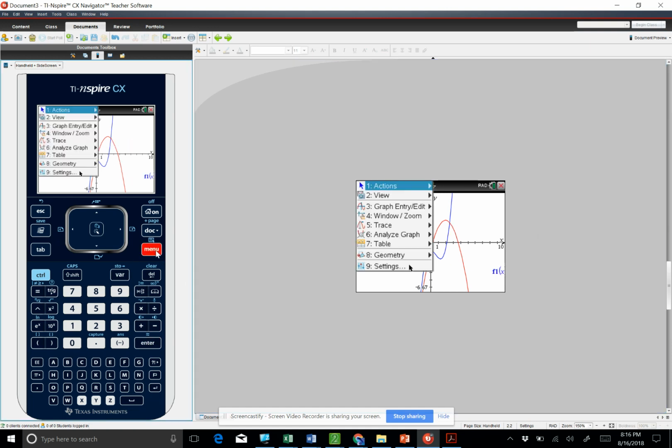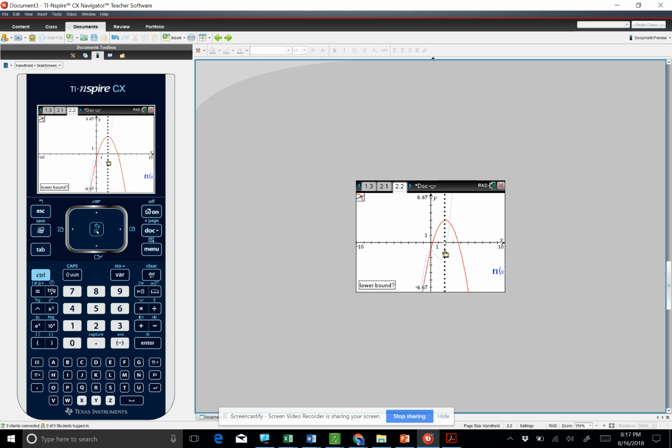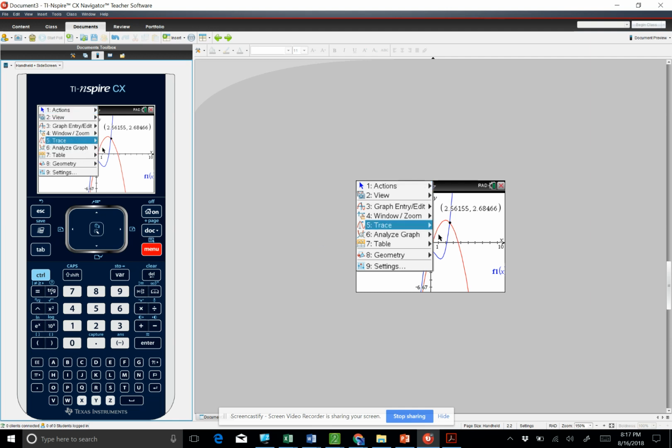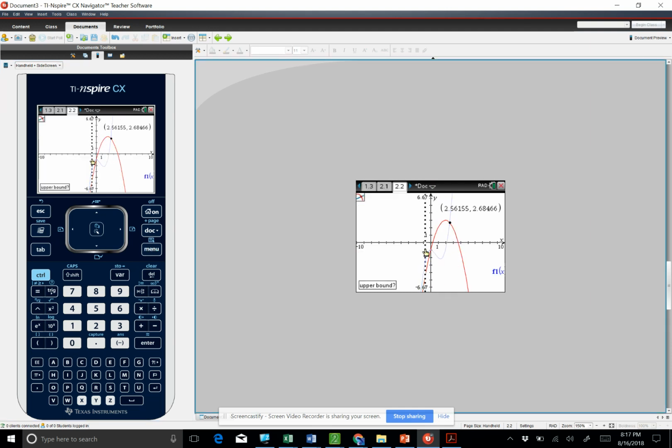So in order to calculate the points of intersection, we hit Menu, Analyze Graph, and Intersection. You go to the left, you go to the right, write down both numbers, 3 decimal places. So we're going to do it again. Menu, Analyze Graph, Intersection, go to the left, go to the right.